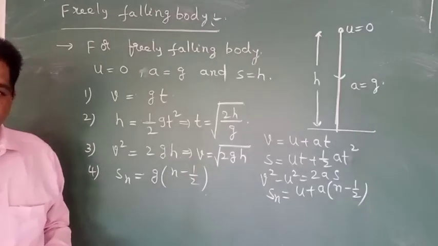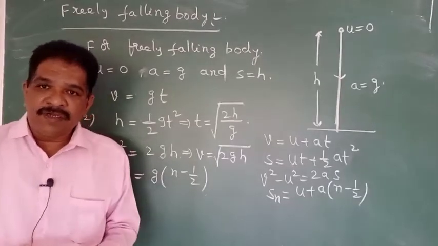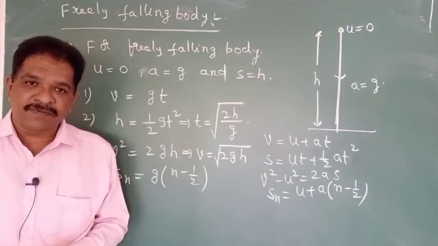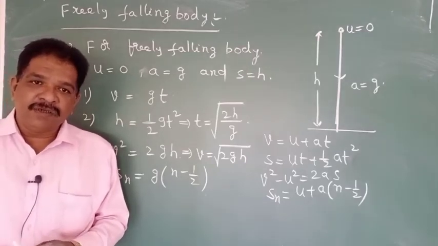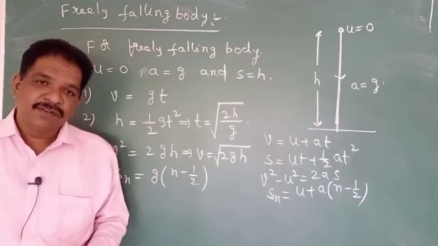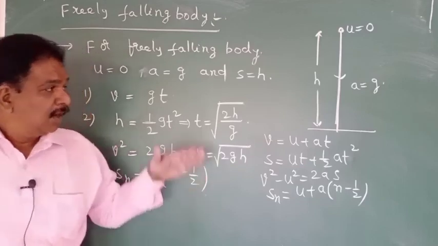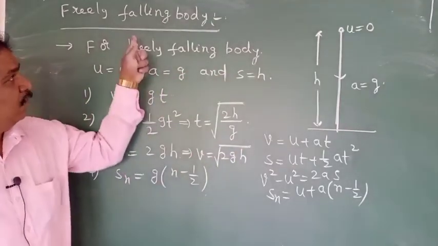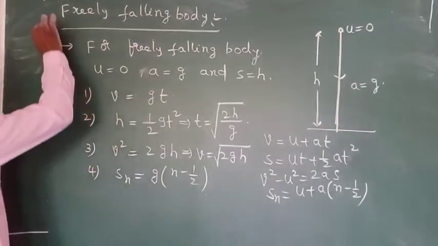Already I told you, this will be divided into 5 subtopics. First one is distance and displacement. Next, speed, velocity, average speed, and acceleration; that will be the second part. Horizontal motion will be the third part, completed. Freely falling body will be the fourth part.